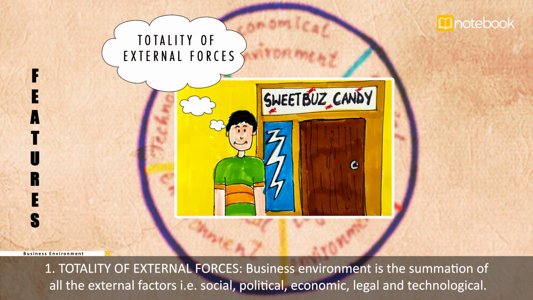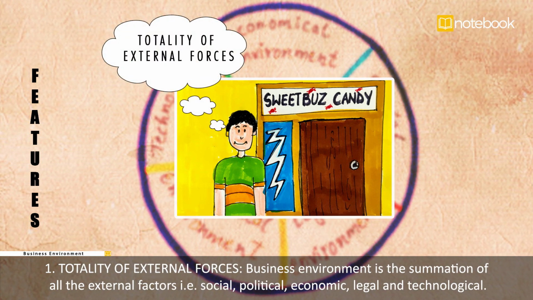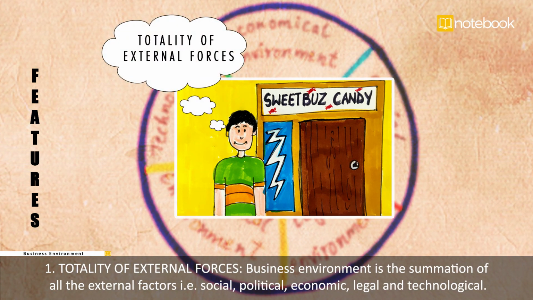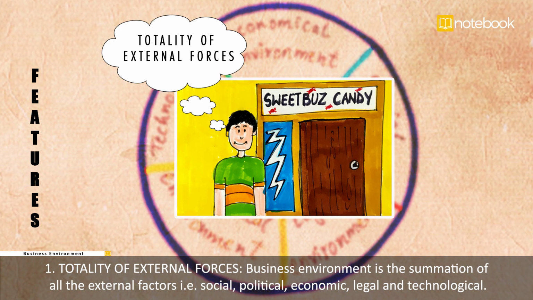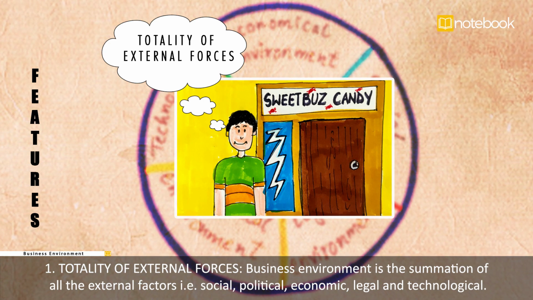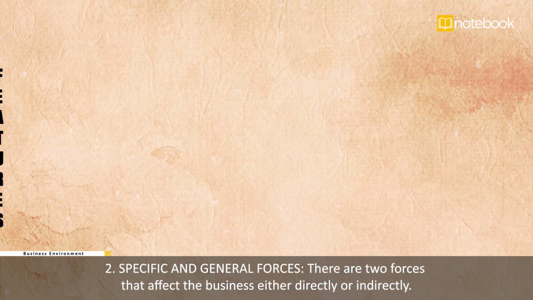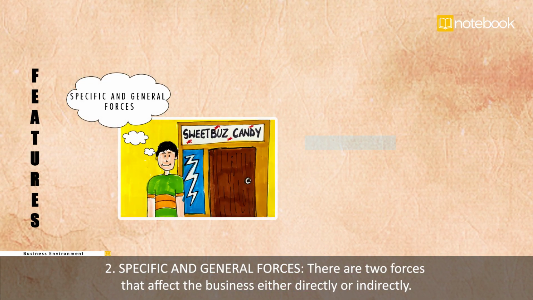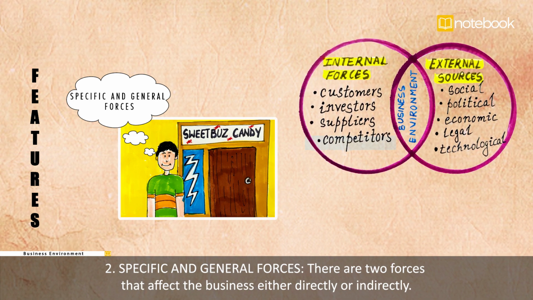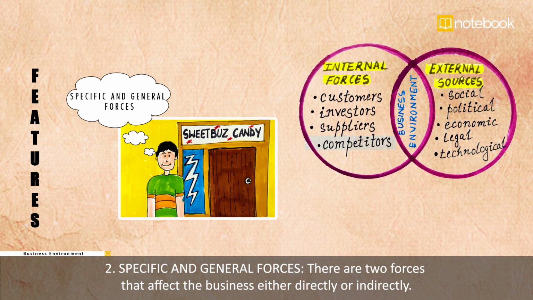Totality of external forces. Business environment is the summation of all the external factors, that is, social, political, economic, legal, and technological. Specific and general forces. There are two forces that affect the business either directly or indirectly.